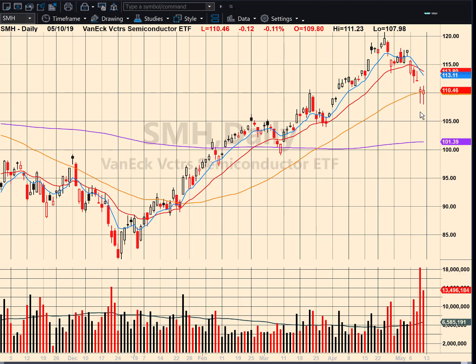So here's what I would consider. If this 50-day is going to hold, and then we gap back up, now we have a reversal pattern. Tweezer-like candles, and we get back above the 8 and the 20-day moving averages, or if you're going to use a 5-day in blue, I'm using an 8-day on this chart, but above the 8 and the 20, there's no other way to do it. It's bullish. That would be a very powerful reversal pattern.